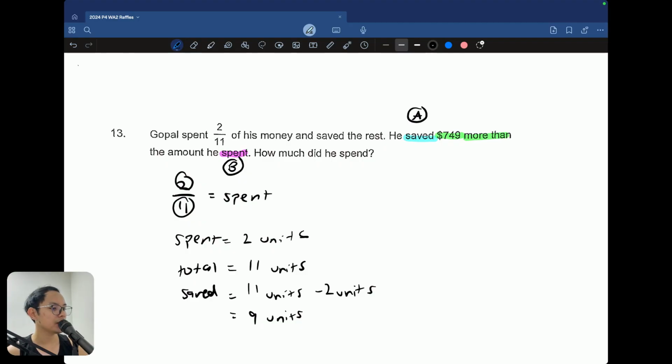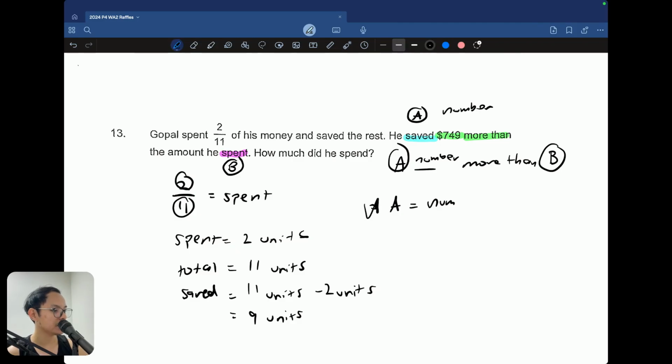So when you see something like A, then you have a number, you always have a number more than B. In this case, A is something more than B. What does this mean? That means A is equal to number plus B.